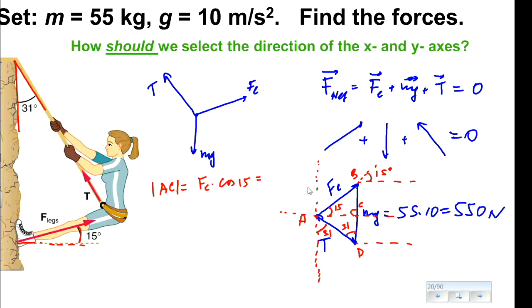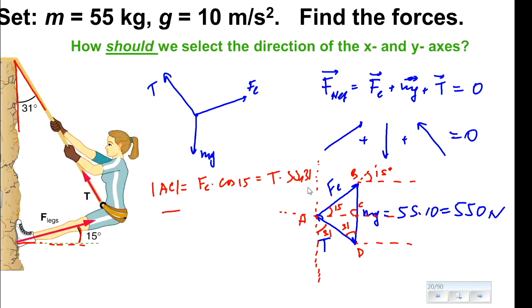But from the bottom triangle, the same AC should be equal to the hypotenuse, which is tension, times sine of 31. That's done.